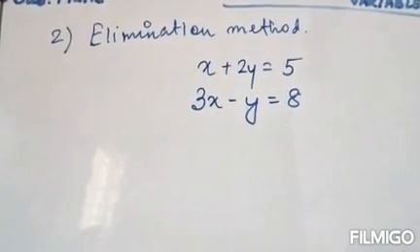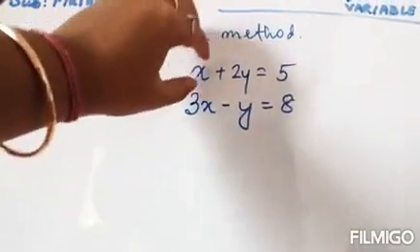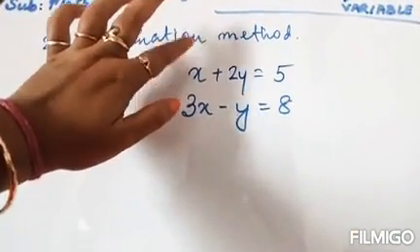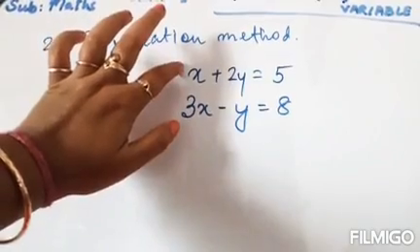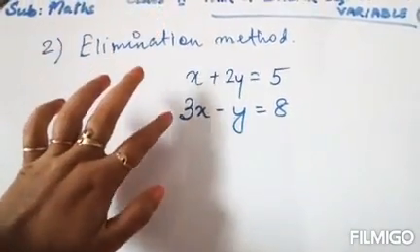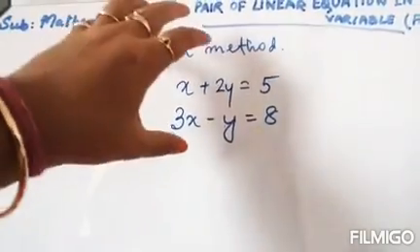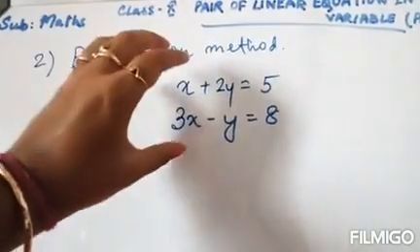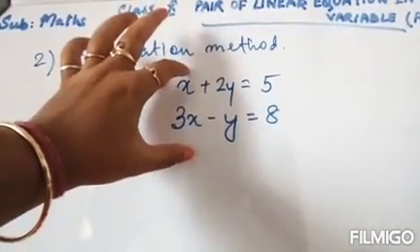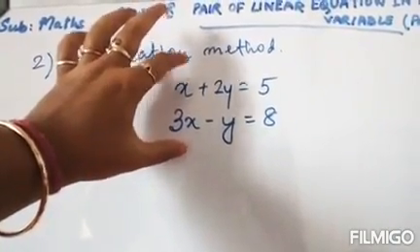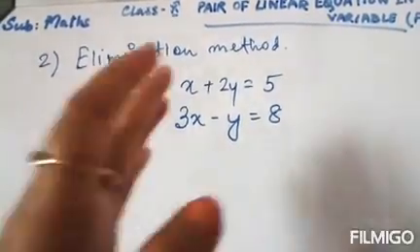How can I equate? Suppose I take x. What is the coefficient of x in the first equation? It's 1, and the coefficient in the second equation is 3. I have to multiply by such numbers that both coefficients become equal. I can choose this also.